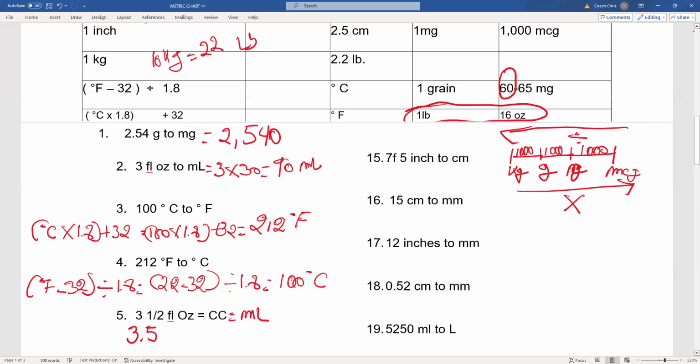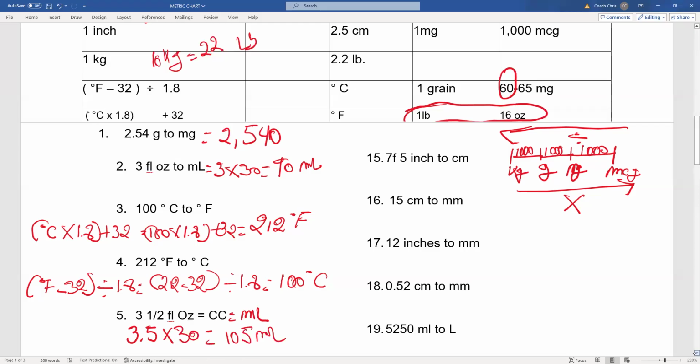Do not confuse cc with a cup, which is only one big C. So 3.5 ounces to milliliters, you multiply by 30. 1 ounce equals 30 milliliters. You multiply this by 30, and once you do that, you will have 105 milliliters. All right, let's keep going.